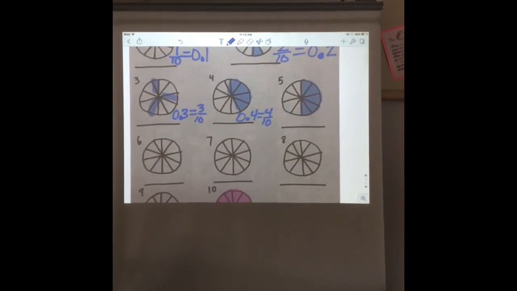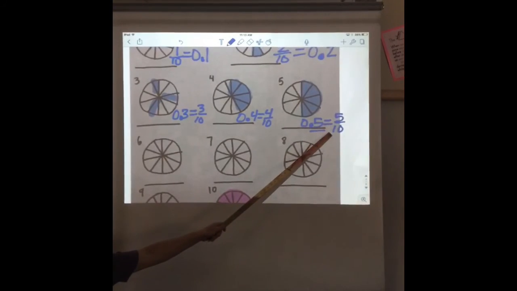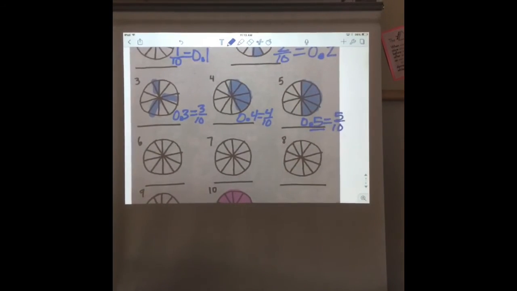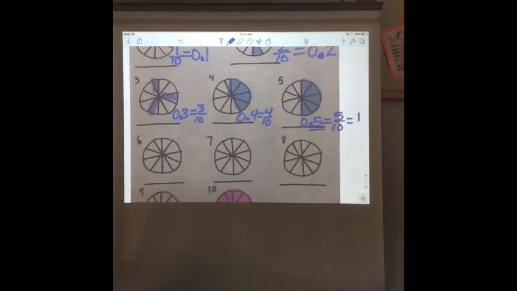Let's write it out as a decimal first. 0.5. 5 is half of 10. So we have 5 tenths. Do you see that 5 is half of 10? Yes. Which would mean that this equals 1/2.